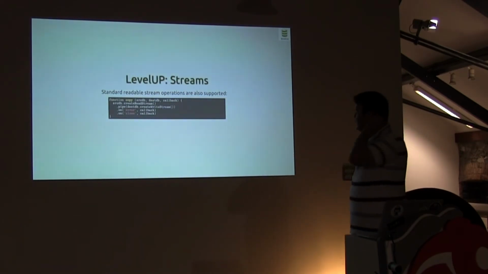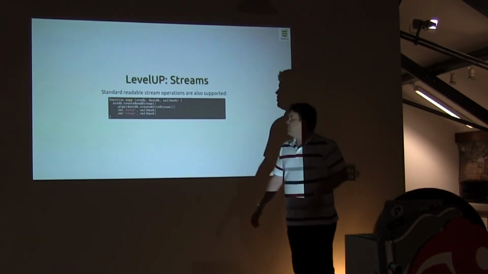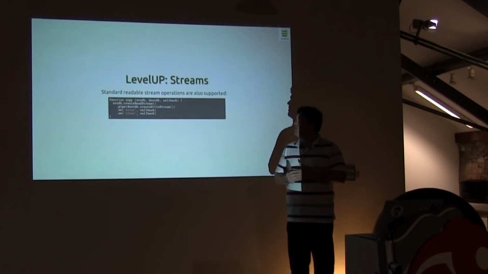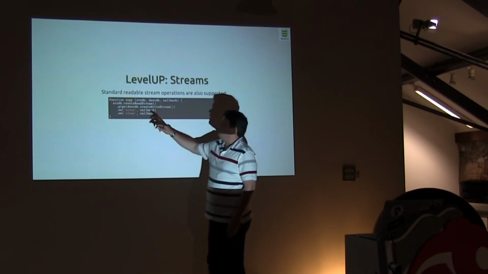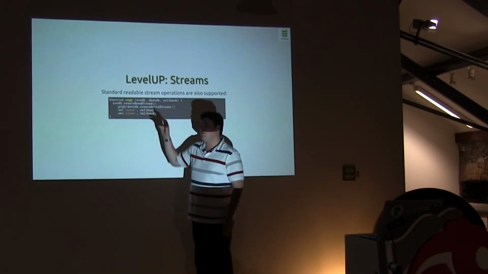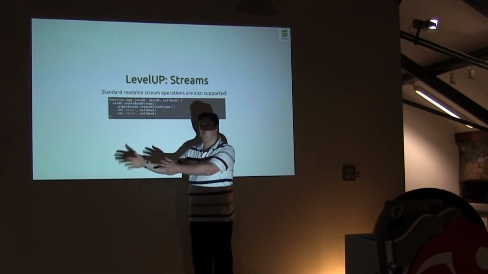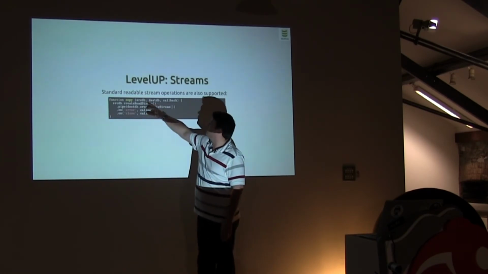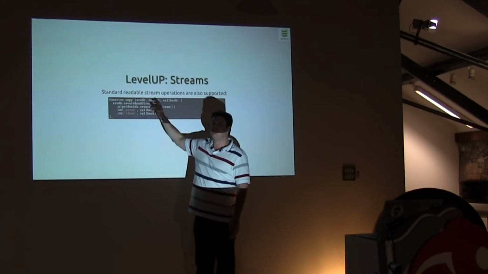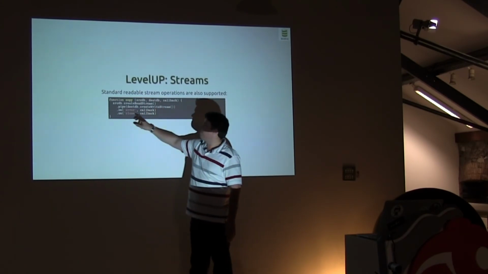And so streams give us the standard Node stream operations, including pipe. As an example, this is a copy function that will copy a full database into another database. You give it a source and a destination, both instances of LevelUp.